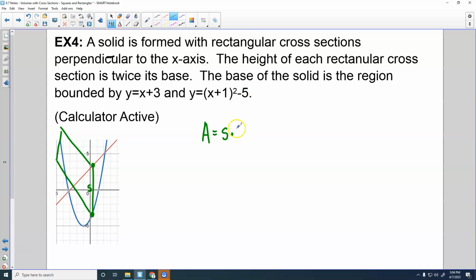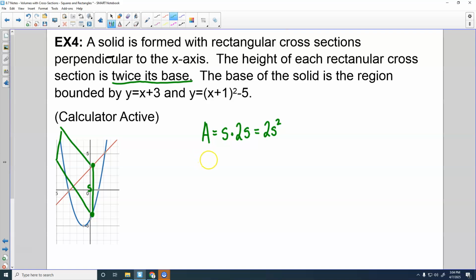It is 2S. Notice the difference from the other rectangle problem that we did. In that problem, we just had a height of 3 for all of the rectangles, so it was just 3 times S. In this one, it said the height of each rectangular cross-section is twice its base, being S right there. So the area here could be 2S squared for this one.